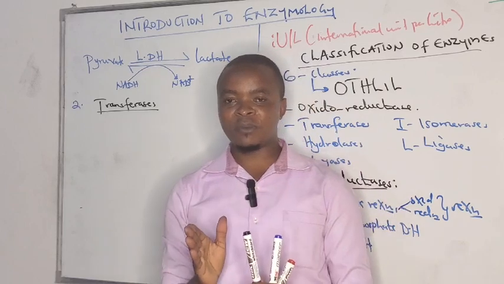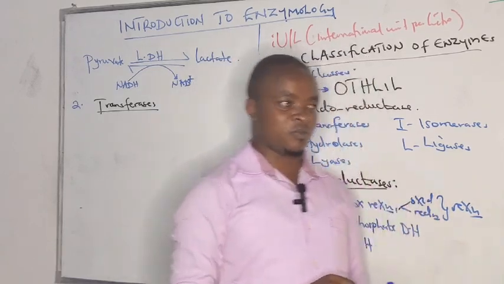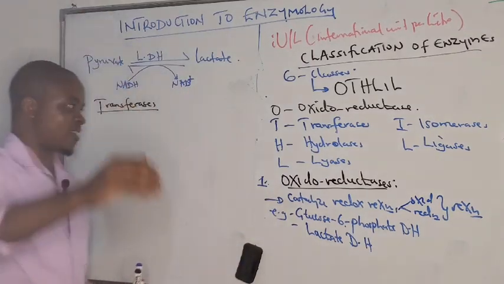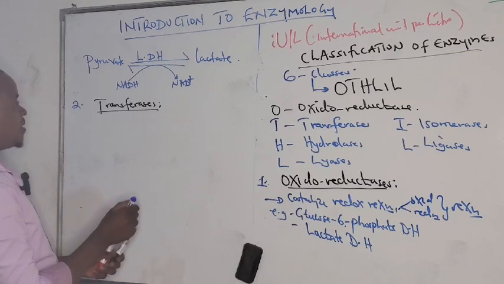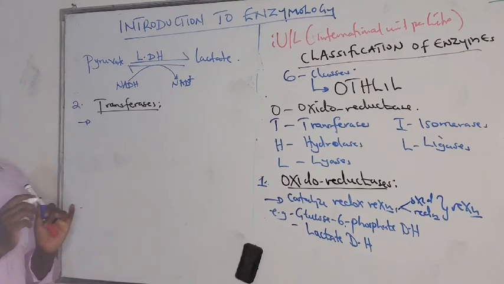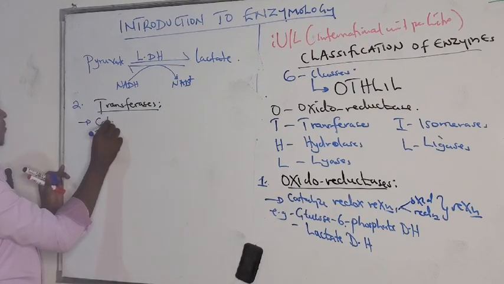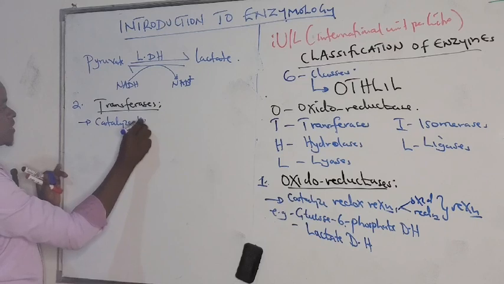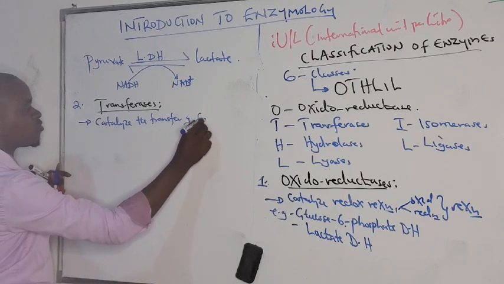We are not transporting people, but functional groups from one compound to the other. That is what transferases do. In enzymology, we use the word catalyze: they catalyze the transfer of functional groups.